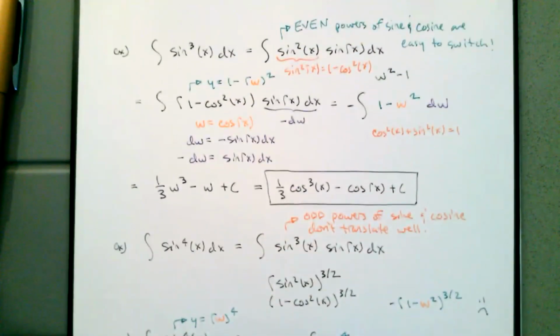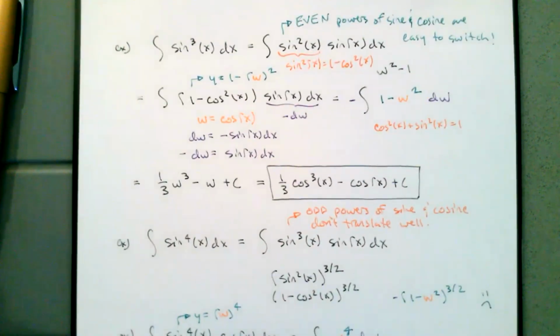That was the same thing that happened in the first example. W equals sine x would not work because we don't have a factor of cosine x to be the dw. However, this problem we can employ some trig on and say one of these factors of sine is going to be the dw for my cosine substitution.